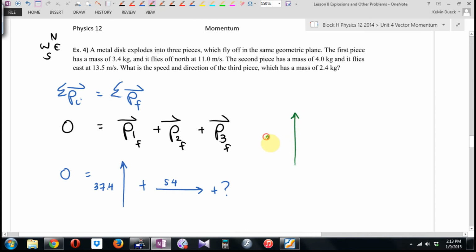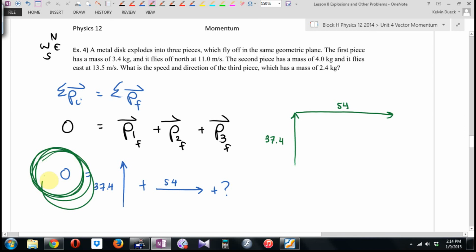There's the 37.4, and apparently tip to tail I would add 54. Now, the third vector is a mystery, except I know what the answer when I add these 3 together is supposed to be. What's the answer supposed to be when I add these together? What does 0 look like as a vector?